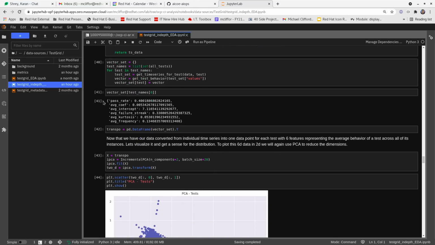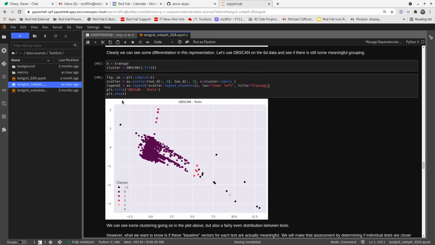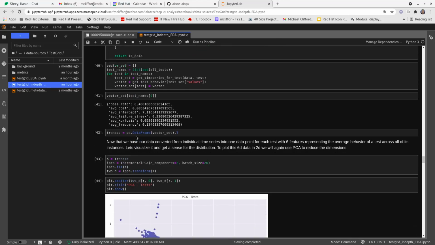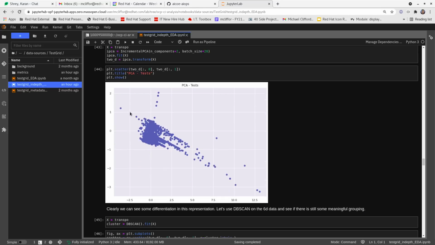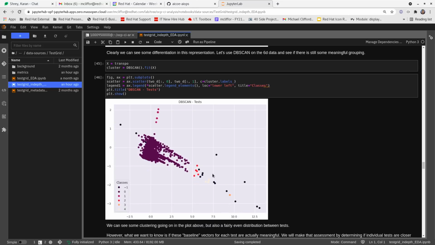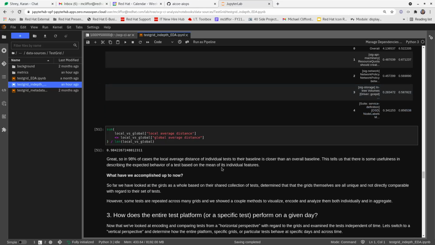Cool. So we can do that for all the tests and produce these values. And again, we can plot these 6-dimensional objects as the overall behavior of the tests, and see if there's any meaningful clustering here again. Great.